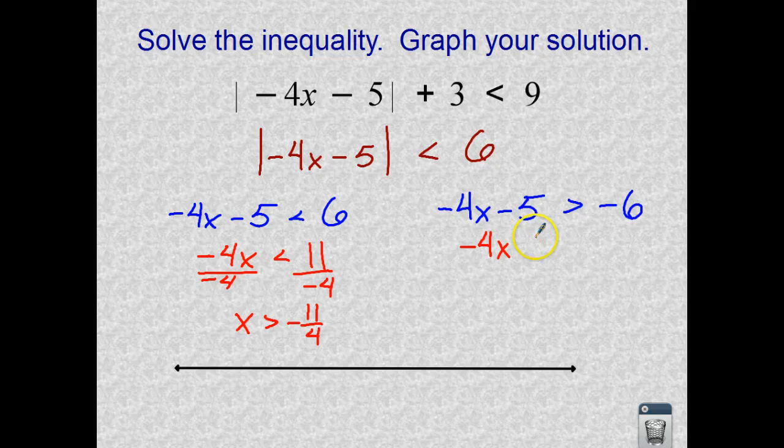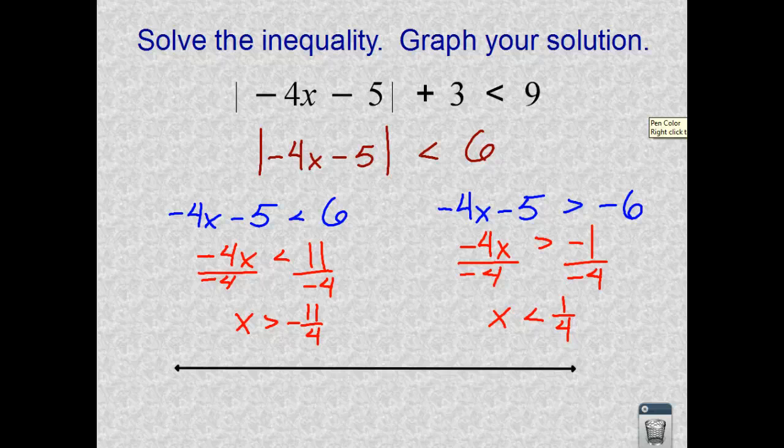Add 5 to that, so greater than -1. Divide both sides by the coefficient of -4. Once again, we have to flip our symbol because we divided by a negative. So less than 1/4.